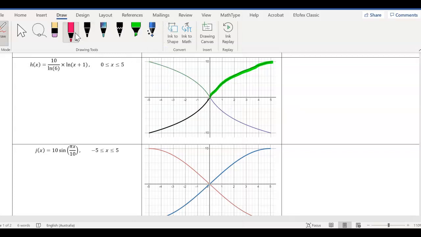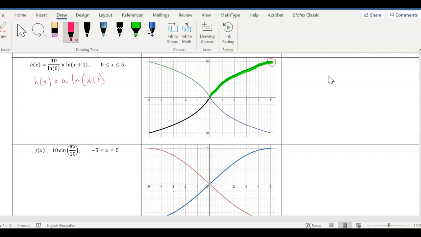Now, you're going to face the other issue of, well, I want it to go through this point here, 5, 10. Just like the other ones, I wanted 5, 10. This one I want to be 5, 10 as well. So that means I've got h of x equals some value of a times log of x plus 1. Substitute in a point. Now, I haven't substituted in 5, 10 yet, so I'm going to substitute that point in.